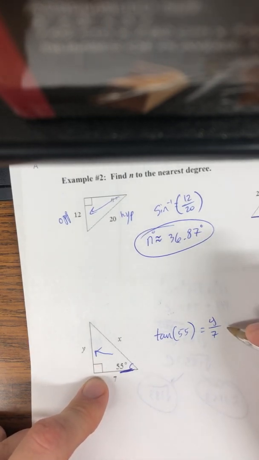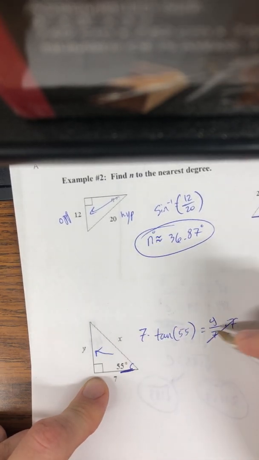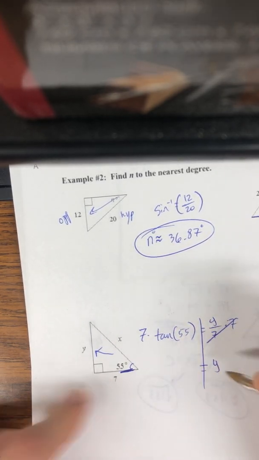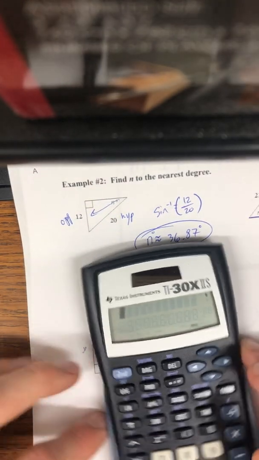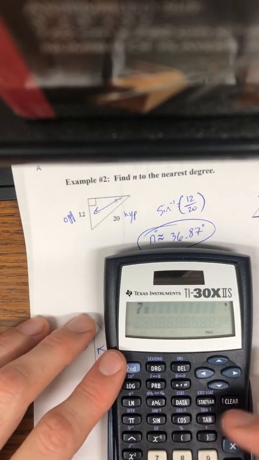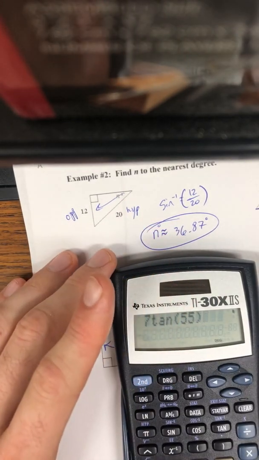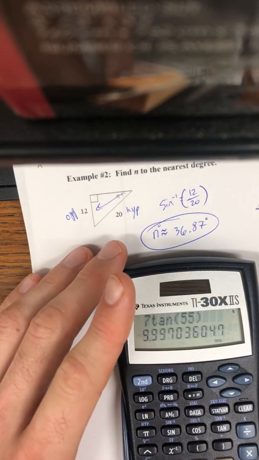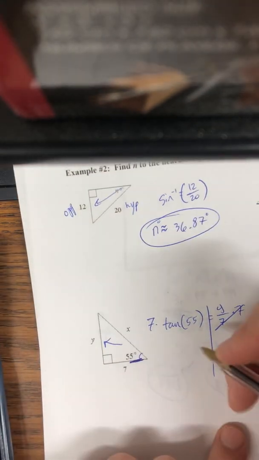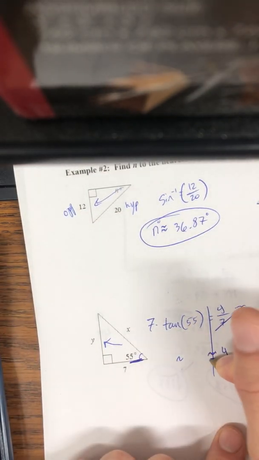Multiply both sides by 7, and you get 7 times tangent of 55, which is 9.997. So really, it's going to be about 10.